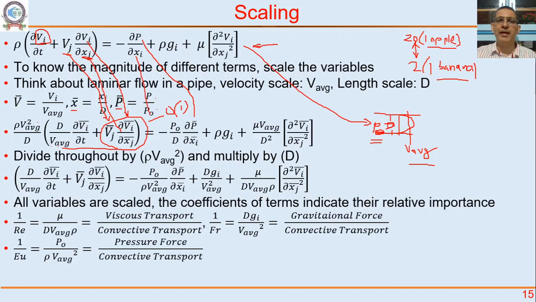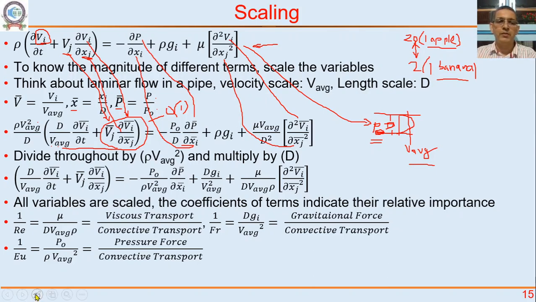Length dimension X, make it X bar multiplied by D. Gi we are not going to do anything. Mu we are not going to do anything. This Vi we write as Vi bar multiplied by V average. That V average I can take outside. dxj square, remember this is dx twice, so I will have to make it dxj bar square and D square outside.